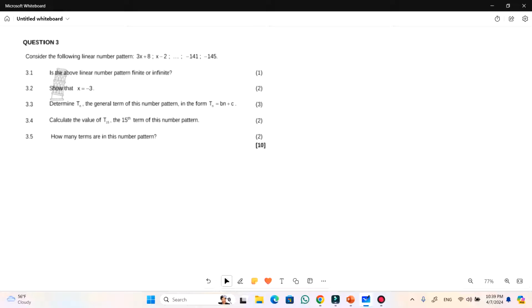To answer our first question, which says is the above linear number pattern finite or infinite, our linear pattern is finite. Now we are going to our second question.